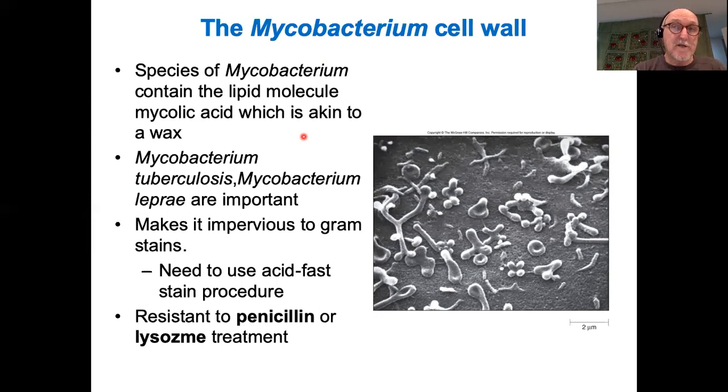First, because of the structure of their cell wall, but second, because Mycobacterium tuberculosis especially is able to mutate, and has done so several times, and becomes resistant to the antibiotics that we use against it. Here you see that the cell shapes can be very distorted, strange sorts of cell shapes.